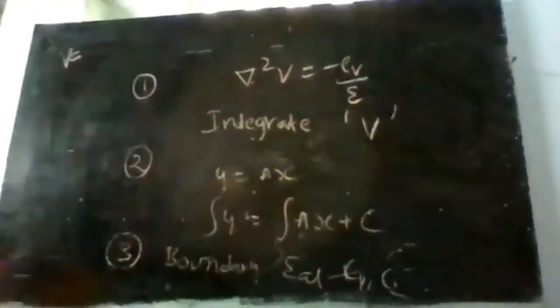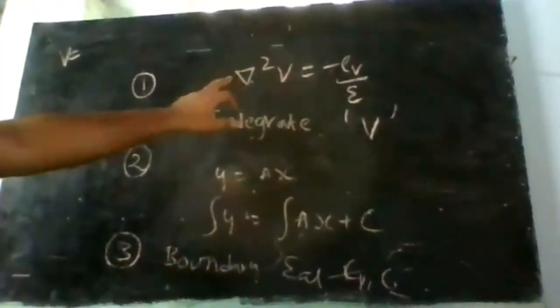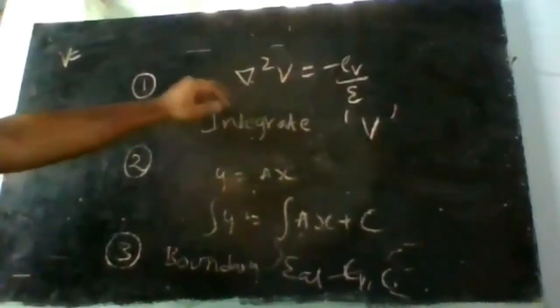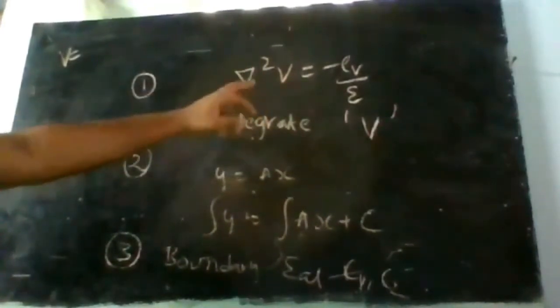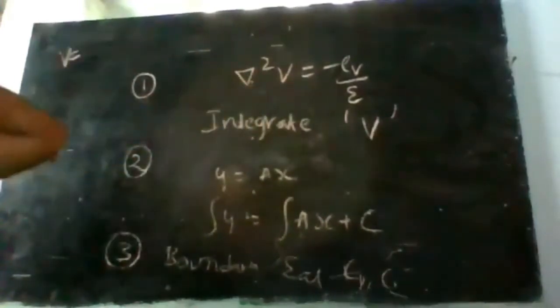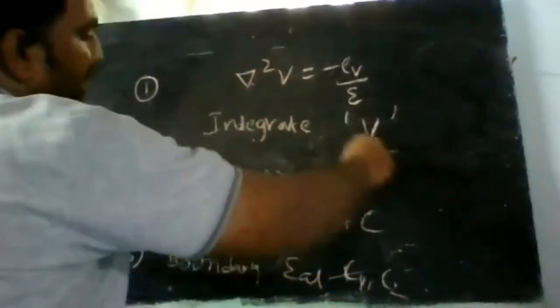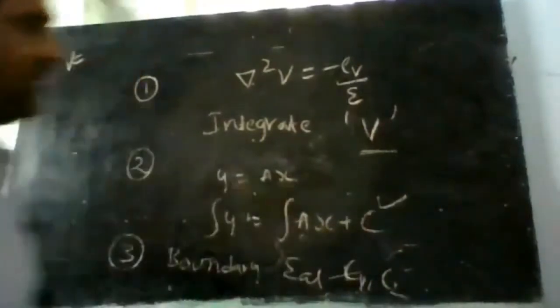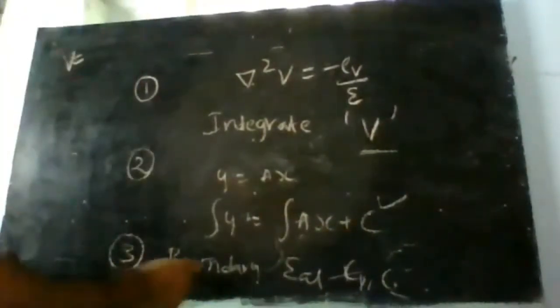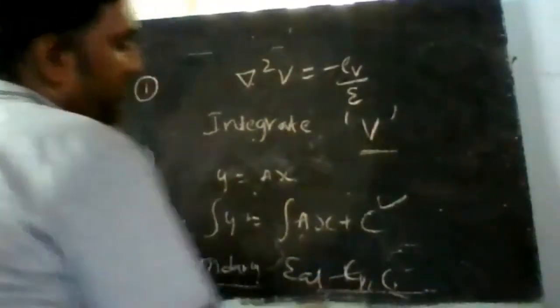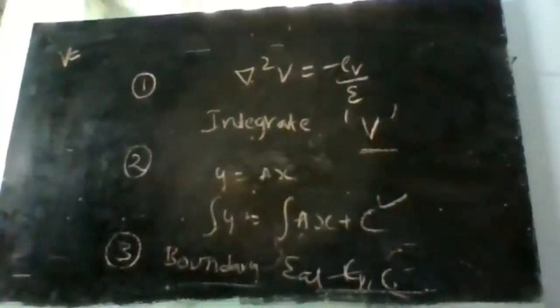When we integrate once, it becomes del V. The second time I integrate, I get V. So we are solving for V, and when integrating we assume constants of integration, and then using the boundary conditions we find the values of C1 and C2.